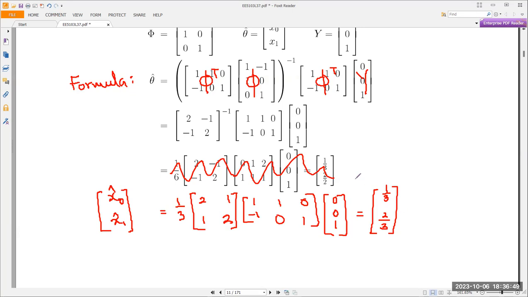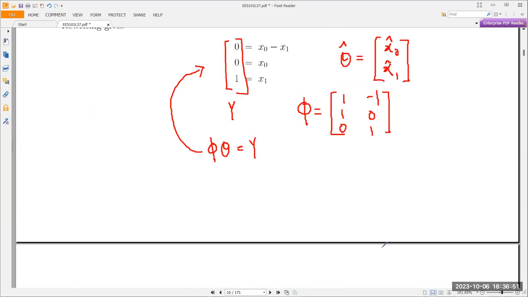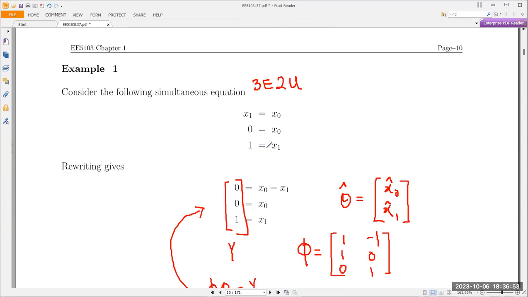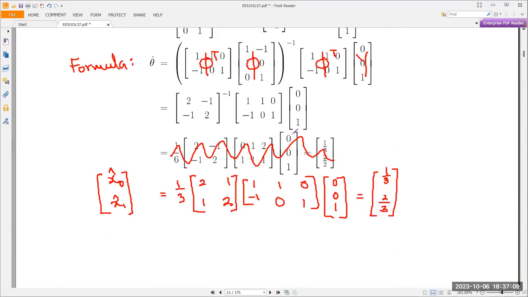So this would be 1/3, 2/3 would be the number that you put inside here that gives you the closest to 0, that best solves this simultaneous equation.